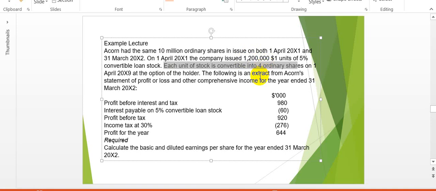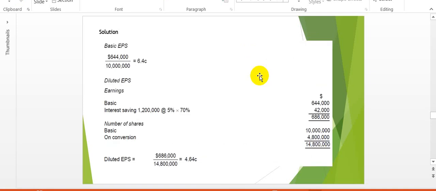So the new number of shares will now increase from 10 million to 14,800,000. So we can now compute our diluted EPS as 686,000 divided by 14,800,000 to give us 4.64 cents as our diluted EPS.